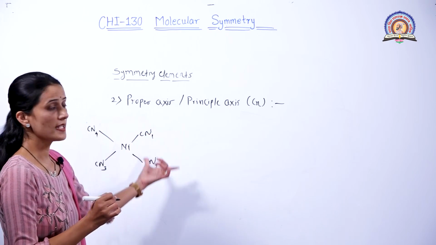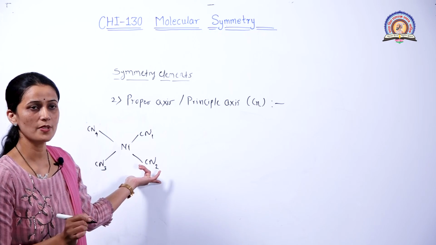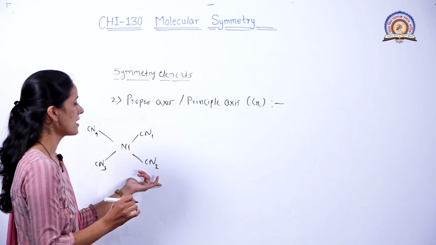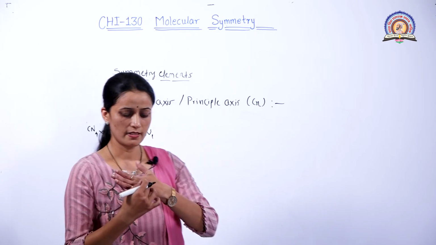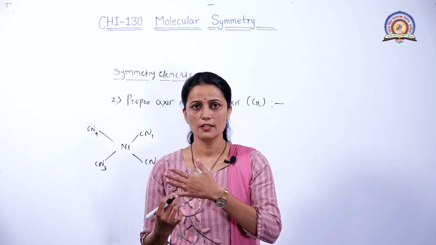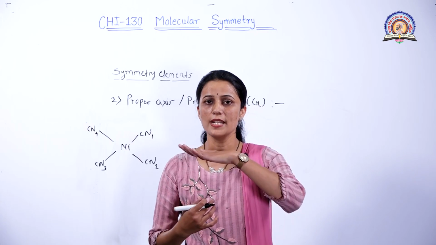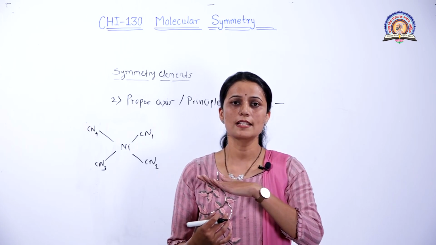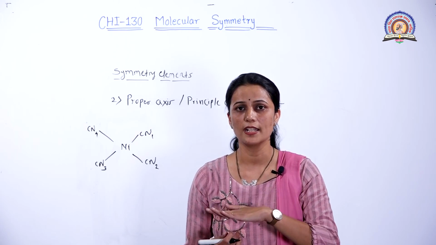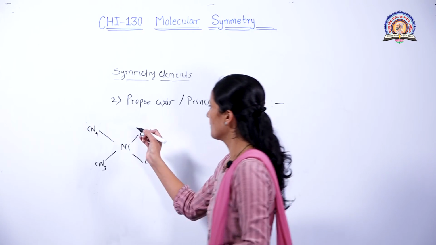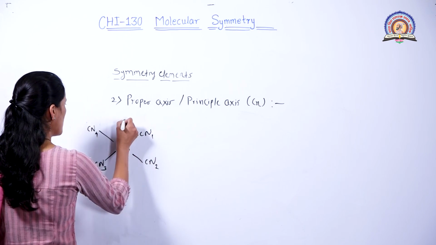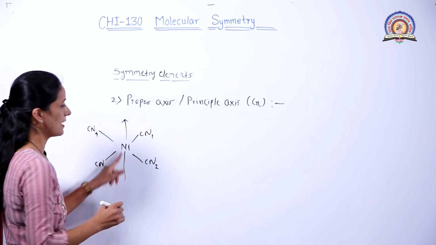Here nickel contains 4 cyanide groups. Consider this is nickel, and these are CN1, CN2, CN3 and CN4. Nickel along with all the cyanides is present in one plane. That's why the principal axis passes through nickel.